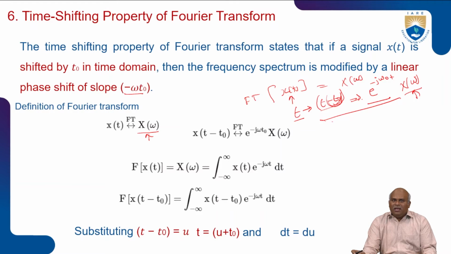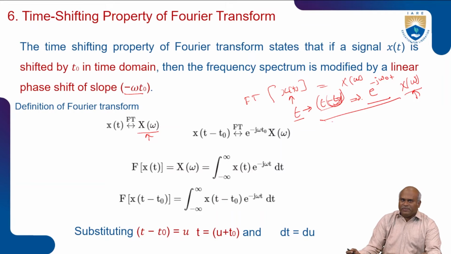That means if we shift in the time domain, the spectrum is modified by a linear phase shift of slope minus omega t0. If we shift by t0 time on the input side, a linear phase shift with slope minus omega t0 happens on the frequency spectrum side. Okay, then we go for the proof of the time shifting property of Fourier transform.